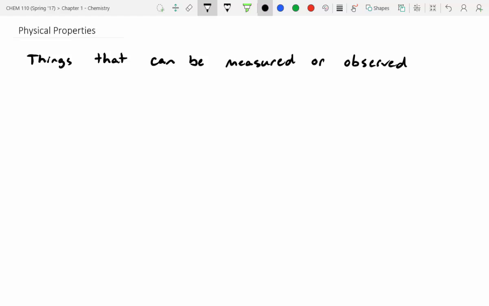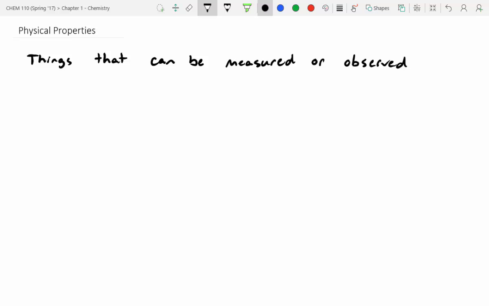So physical properties are things that can be measured or observed very clearly. And the key thing with a physical property is you aren't changing the matter that you're looking at, right?